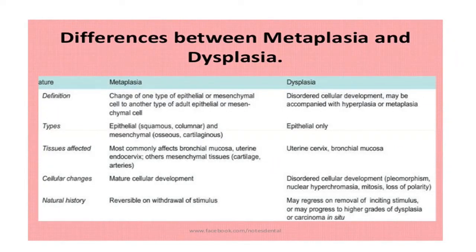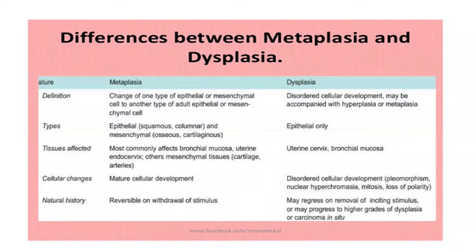Tissues affected. Metaplasia most commonly affects bronchial mucosa, uterine endocervix, and other mesenchymal tissues such as cartilage and arteries. But with dysplasia, the uterine cervix and the bronchial mucosa are affected. Cellular changes: in metaplasia there's a mature, complete cell that is coming to replace the other one.